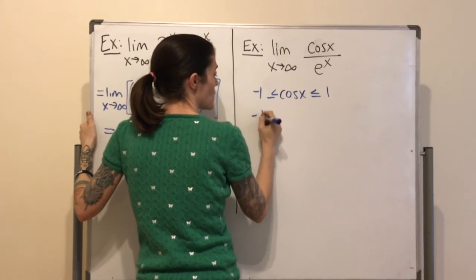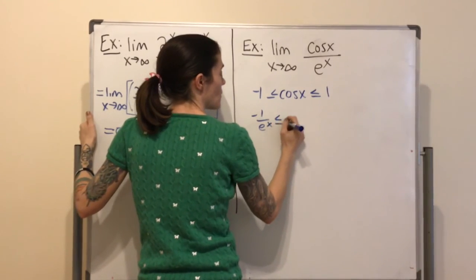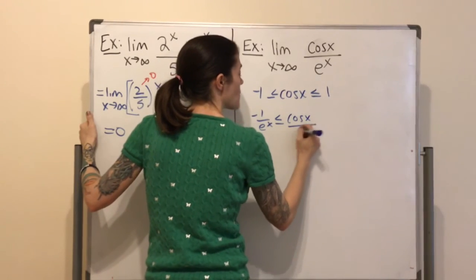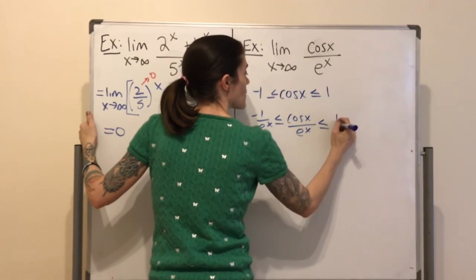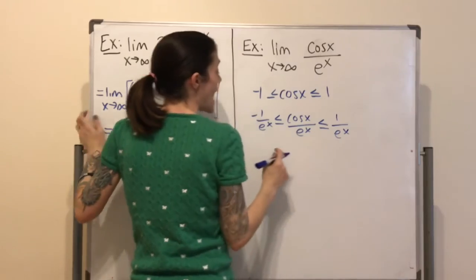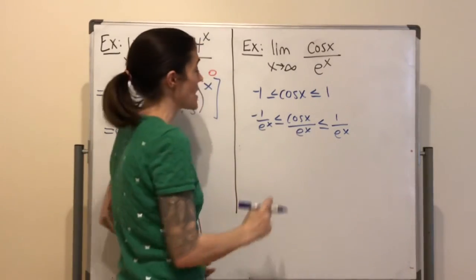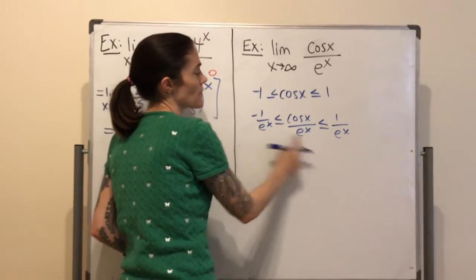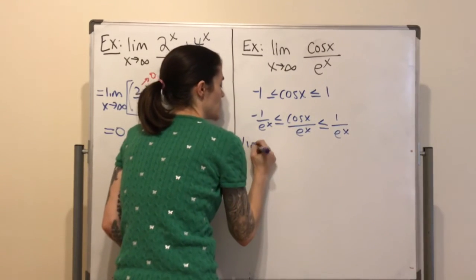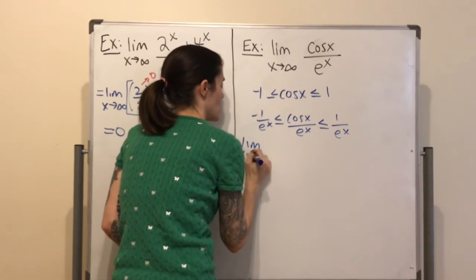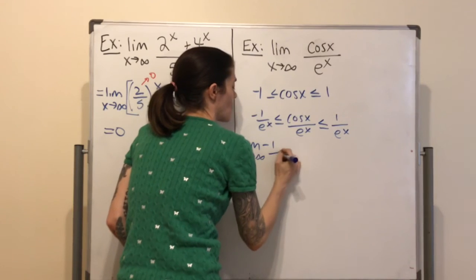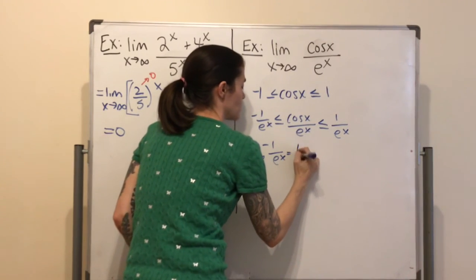And so then, like this. Now, as x grows without bound, here to 0, here to 0, because the denominator is growing without bound.